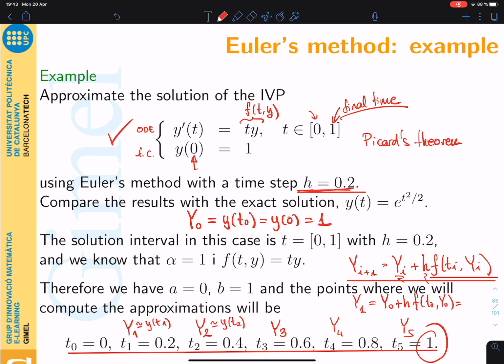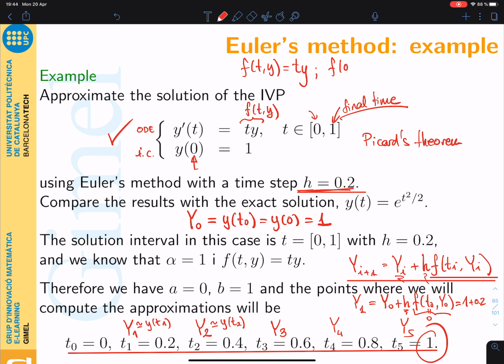Now, y0 is equal to 1. So that's 1 plus h, which is 0.2. And then f of t0, y0, remember that t0 is 0. And as you see here, f of t, y is t times y.